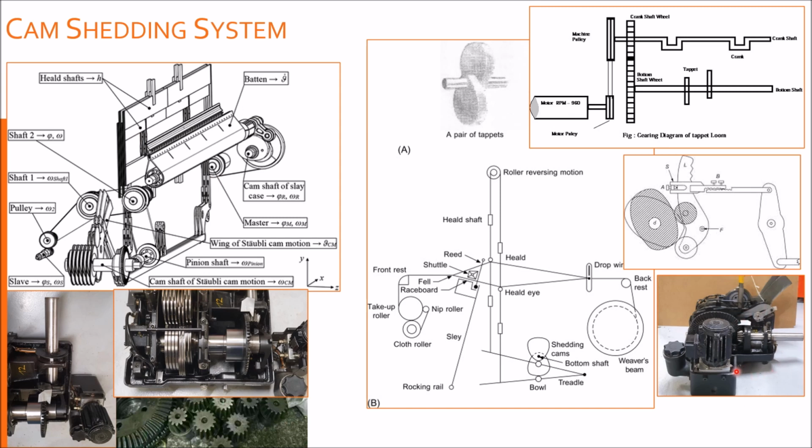Here is another view of the same cam motion, illustrating that these positive cams are installed on this central camshaft, and these jacks are operating our lever system for the frames.